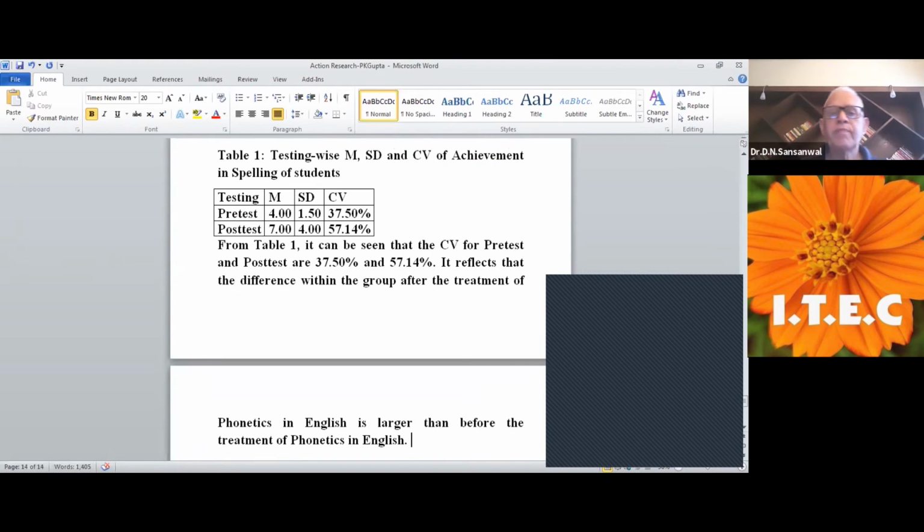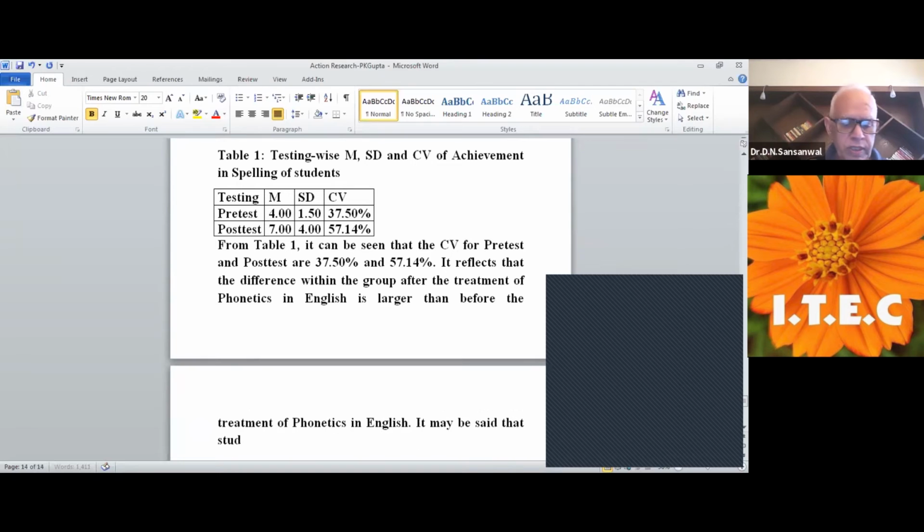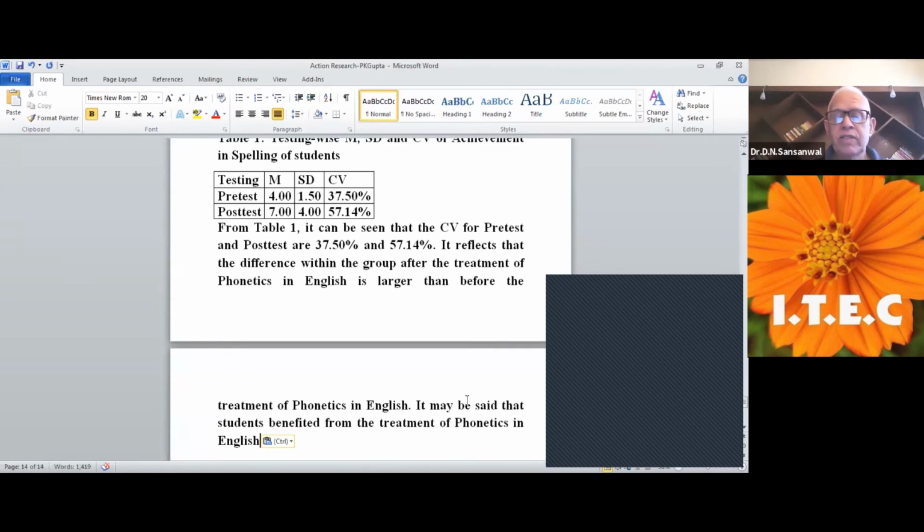So it may be said that students benefited from the treatment of phonetics in English.